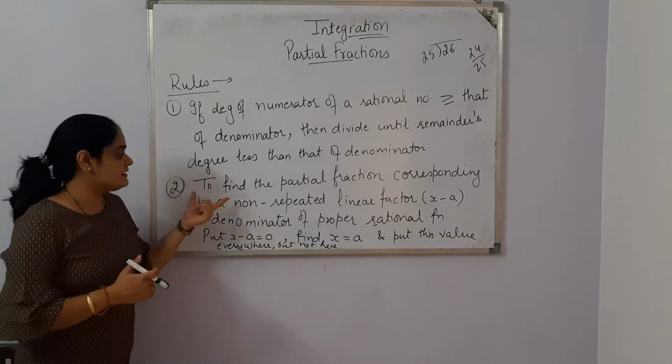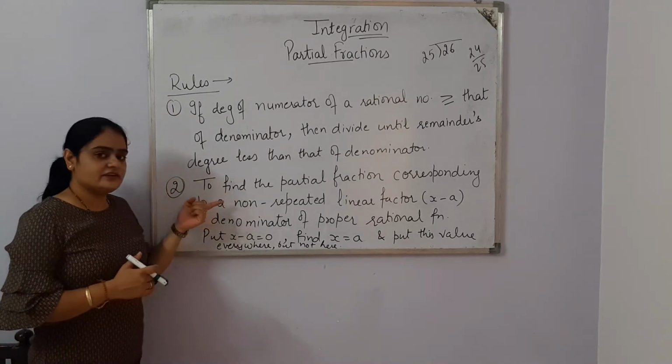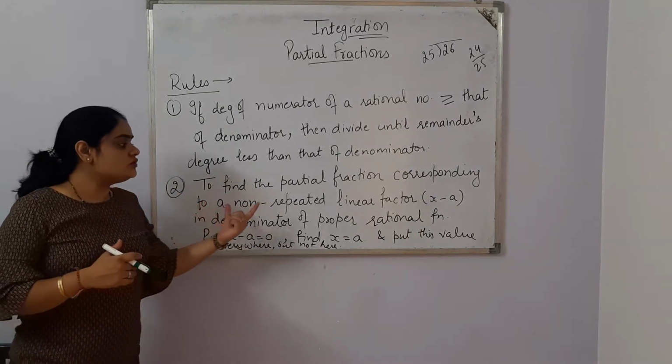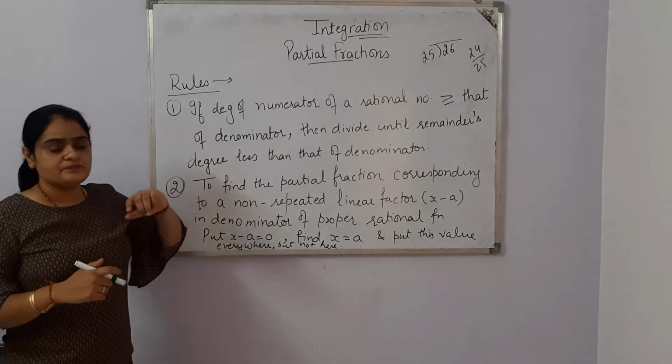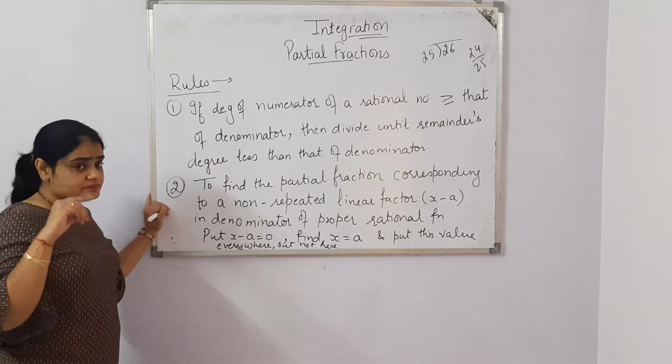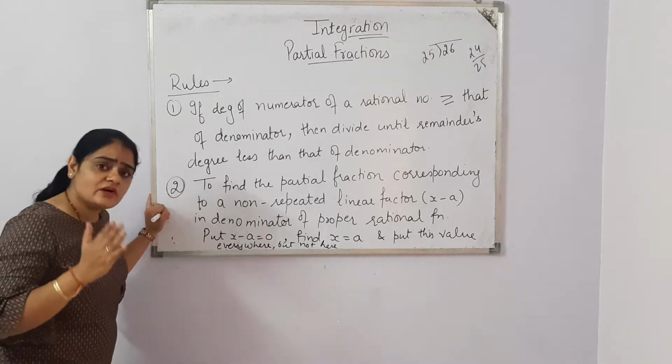And the second rule is to find the partial fraction corresponding to a non-repeated linear factor. Here we have to find the factors of the denominator function.